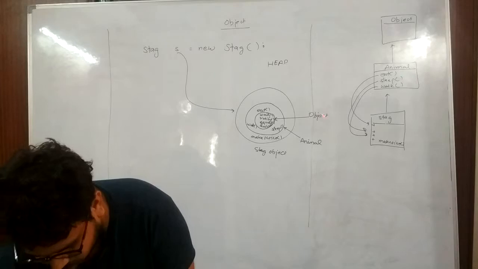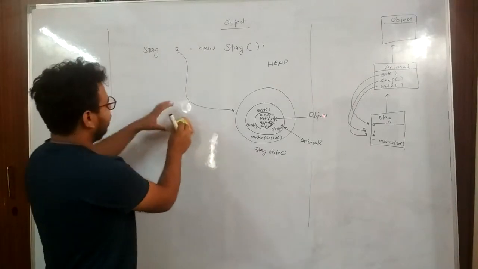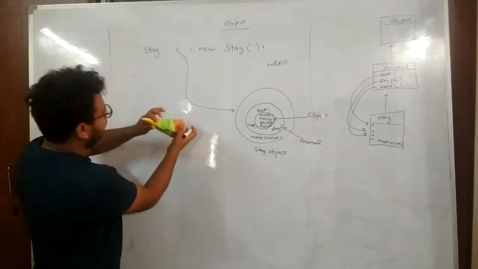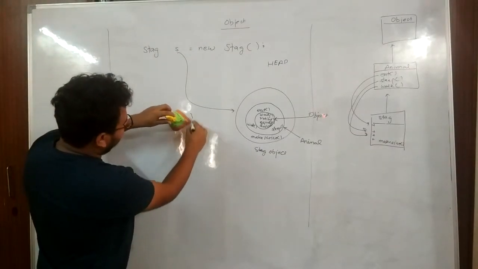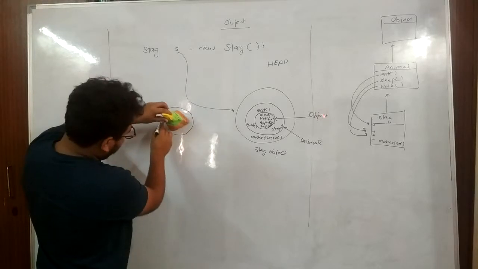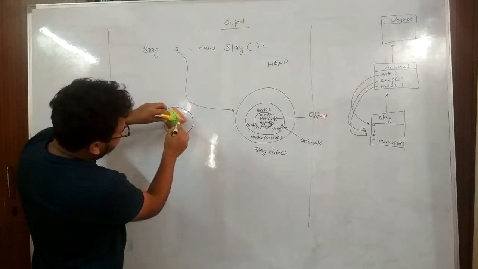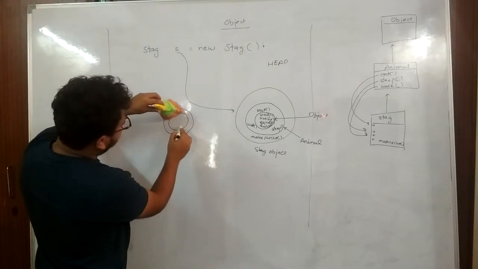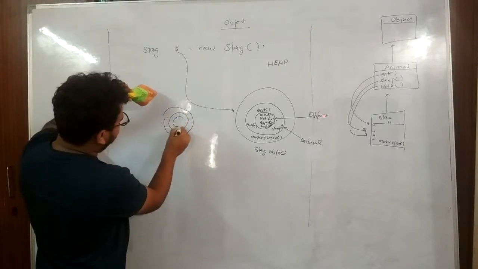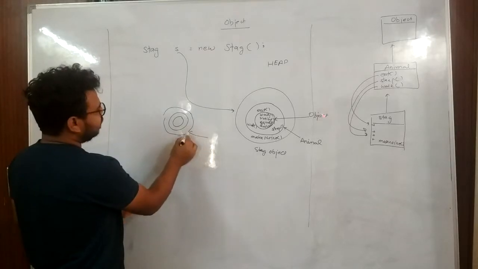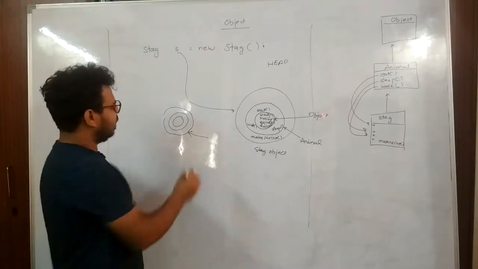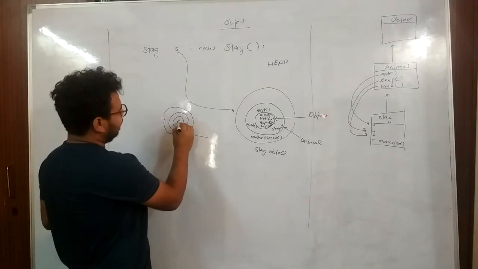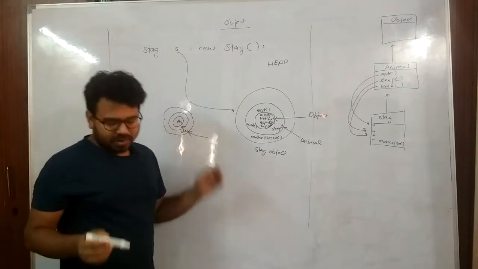So if we keep the cone like this, the outermost portion is Stack, this green portion is Animal, and this yellow portion on top is Object. So here is the Stack portion, here is the Animal portion, and here is the Object portion, the same way as we have here.